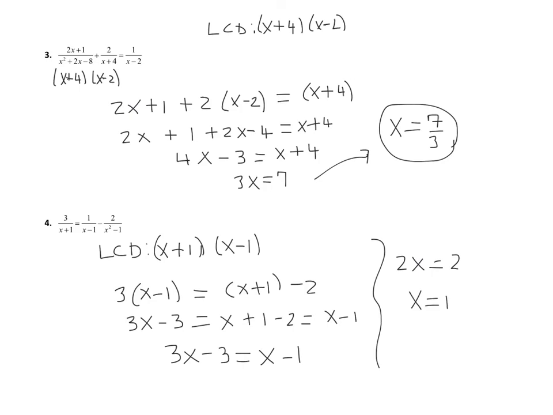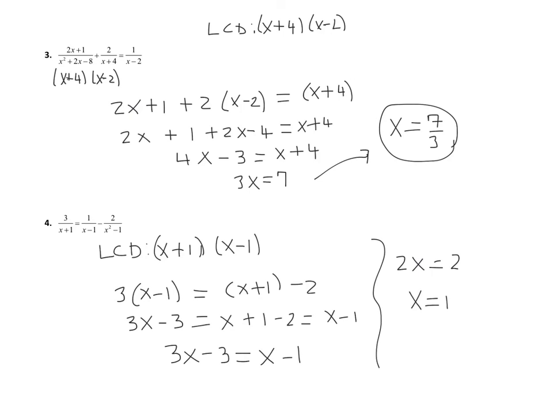But one thing we should always check: when I get this 1, I need to check it in the denominator. If I plug 1 into the denominator, I'll be dividing by 0, since in x minus 1, 1 minus 1 is 0. So this is a solution, but it leads to something impossible.